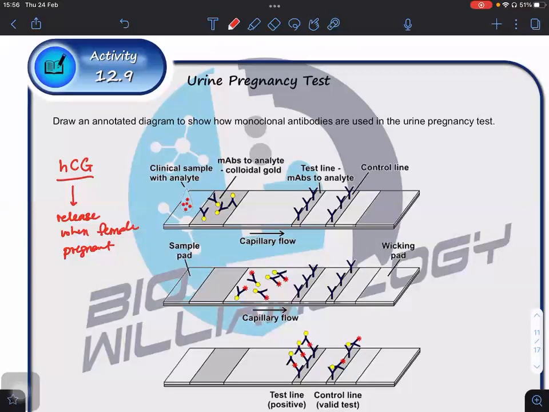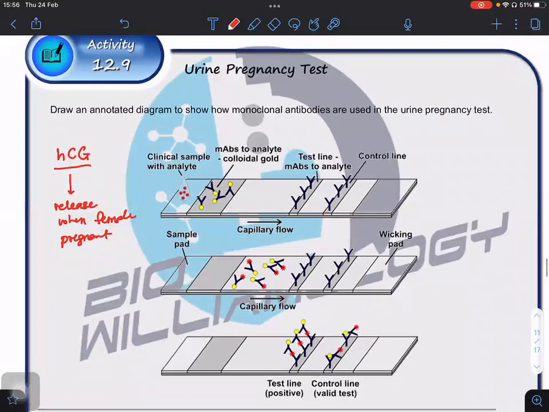But if you eagerly want to know, you can go for a blood check, not this one. If you want to wait until the HCG concentration in the urine is high enough, you have to wait another 2 weeks after you miss. By right, if you have a very regular period, you miss the period this week, then you wait another 1 to 2 weeks, then you test.